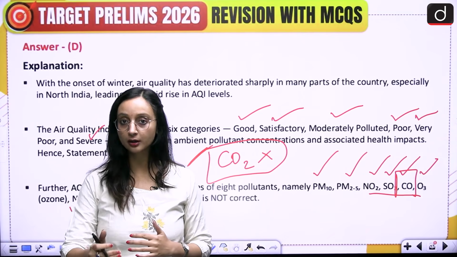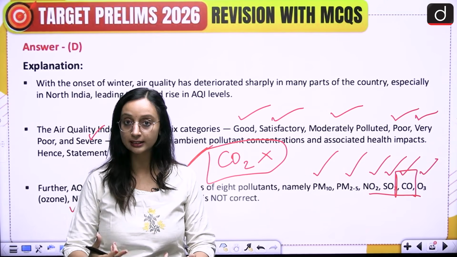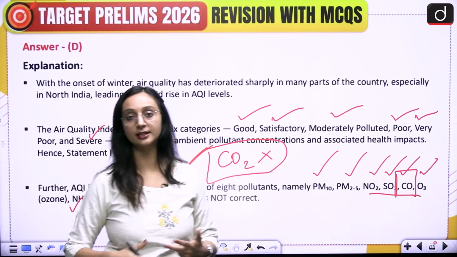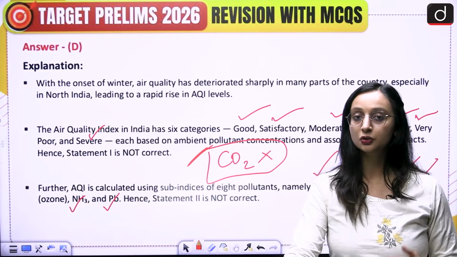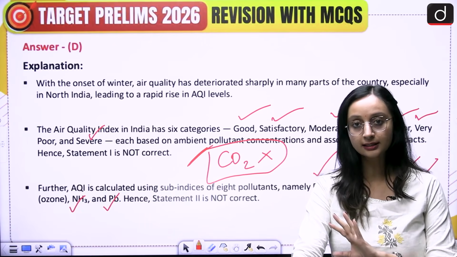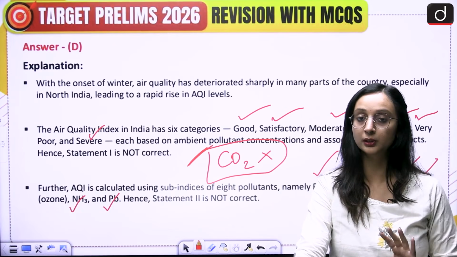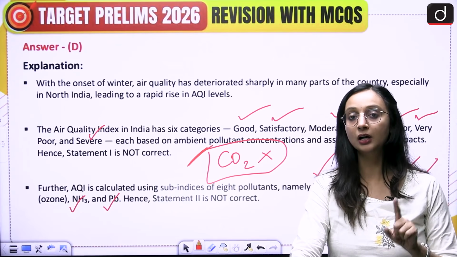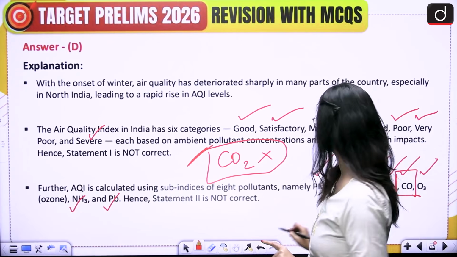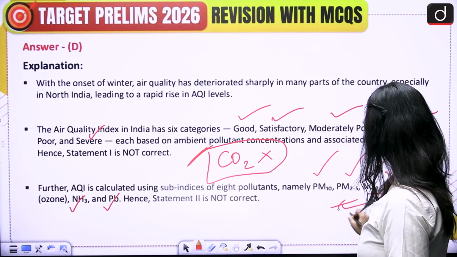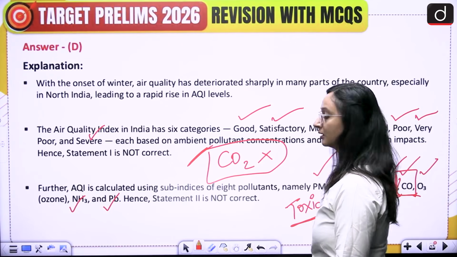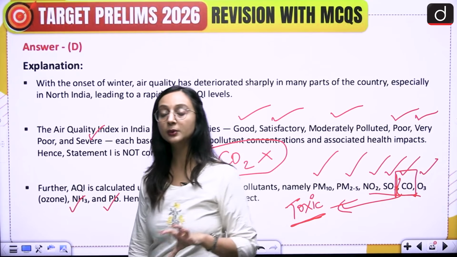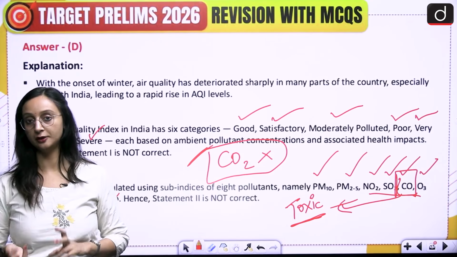However, over a longer period of time, when the concentration starts increasing, then it starts behaving as a greenhouse gas because the global warming potential is very high. So under safe concentration, there is no issue with carbon dioxide. However, carbon monoxide is toxic. Carbon monoxide is toxic. And why is this toxic? Because it binds with our hemoglobin faster than oxygen.